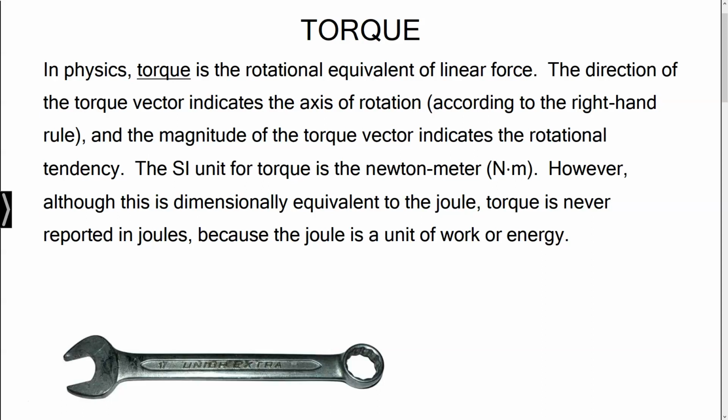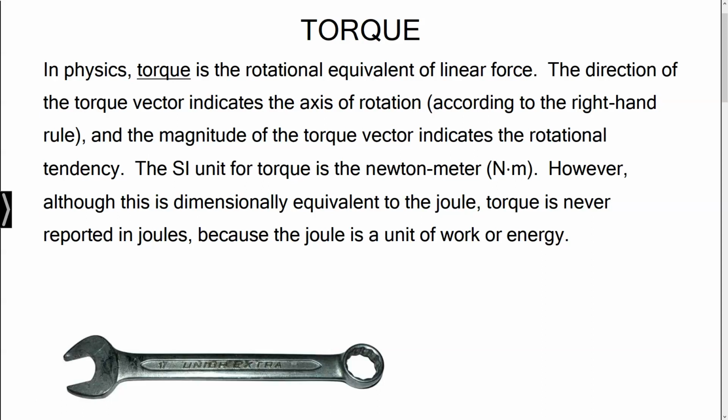Now, the SI units for torque are the Newton meter, which is dimensionally equivalent to the joule, but we don't use the joule because, and I'm not a physicist, so I'm not really properly equipped to explain this the best way, the joule is a unit of work or energy, and we're not really measuring work or energy in this case, so we just leave it as Newton meter. Dimensionally, it's the same unit, but you want to report it as Newton meter, not as a joule.